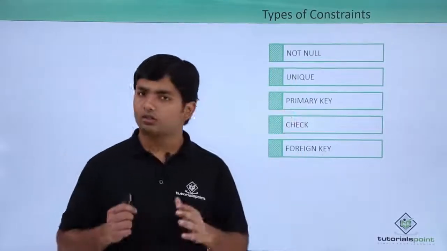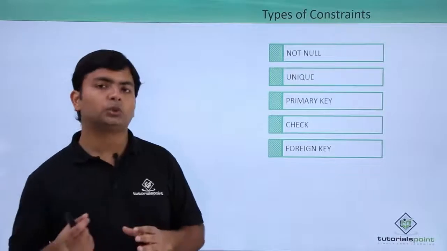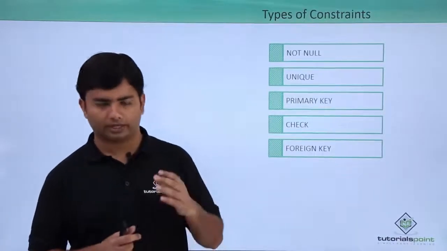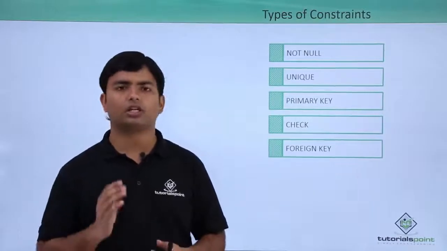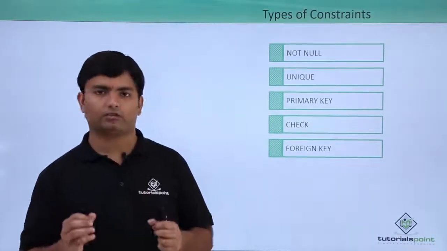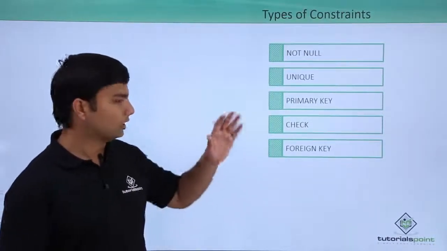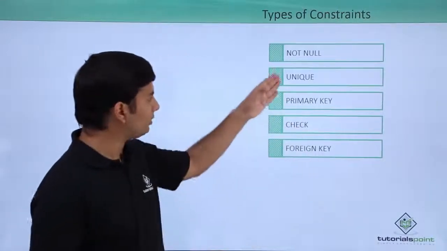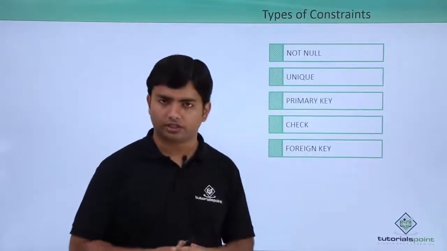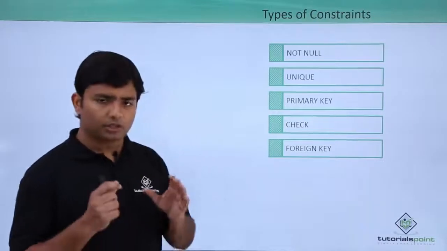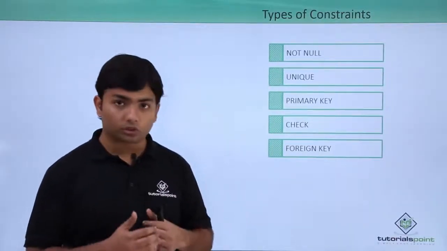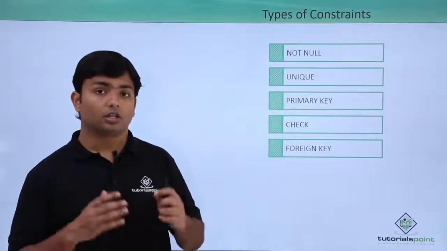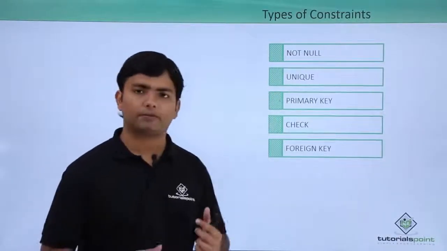Unique constraint is something which will ensure the uniqueness of the records. As in the example I said, I want the mobile number or email ID columns to have a unique value. So in that situation, I can pass the unique constraint. But if there is a column which represents your table in the best way, you can make it a primary key.